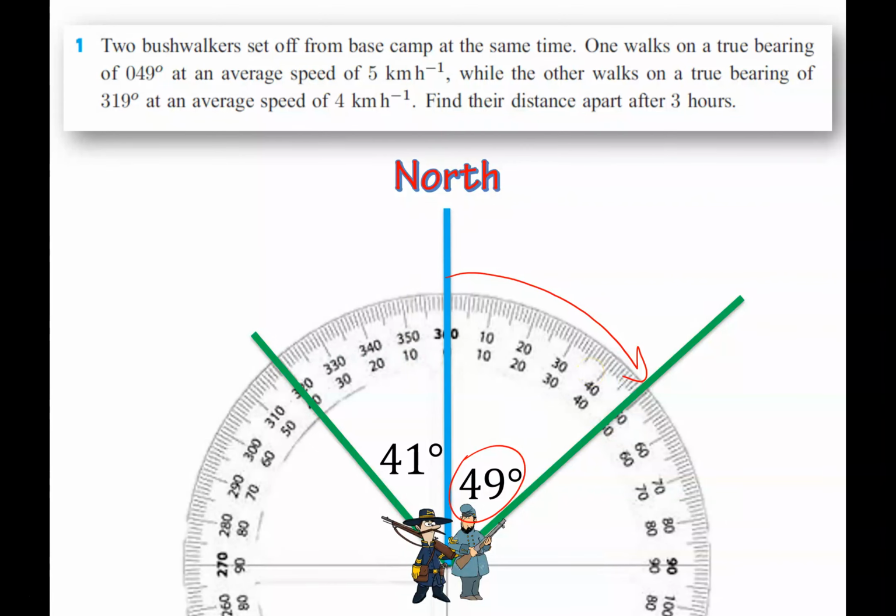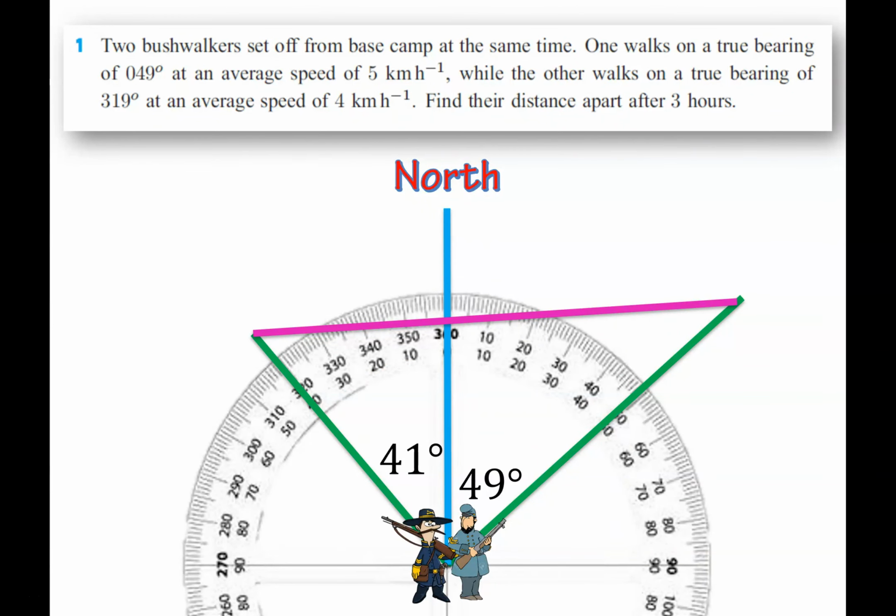Now the other one went on a direction of, all the way around here, 319. But I need to come up with this angle because I'm going to have a triangle here in a moment. And I take the difference between that bearing 319 and 360, which is the whole way around, and came up with 41 degrees.